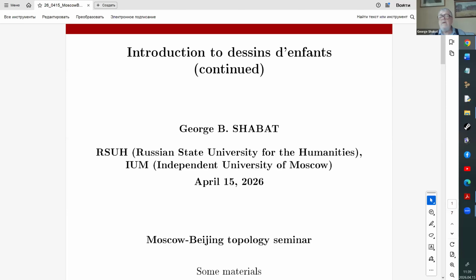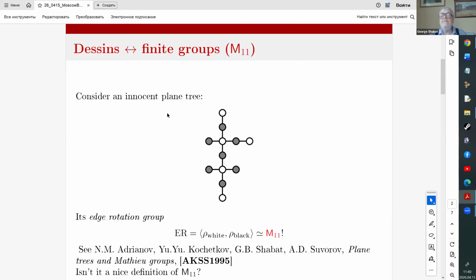This is just a thought, and I'm going to demonstrate just two pictures from it, because it would be difficult to reproduce them. So here is the plane tree we're going to speak about now. What I did not tell you is that any plane tree has a natural bicolored structure.